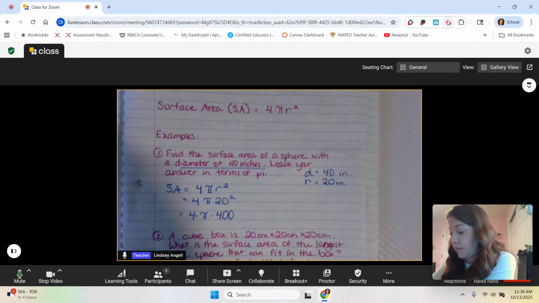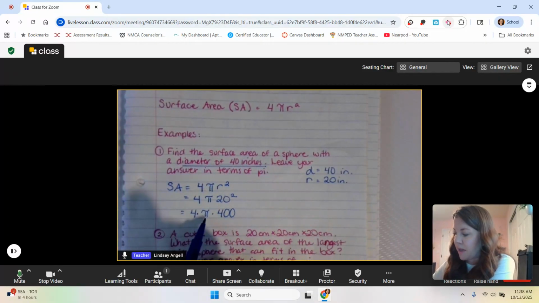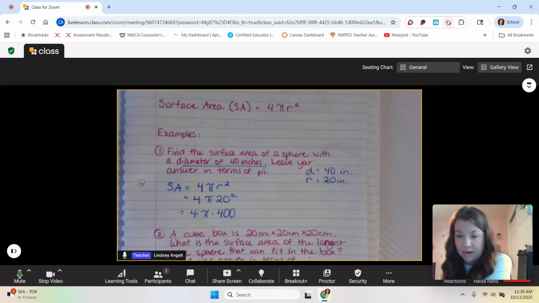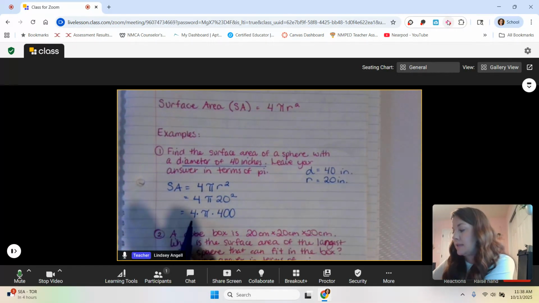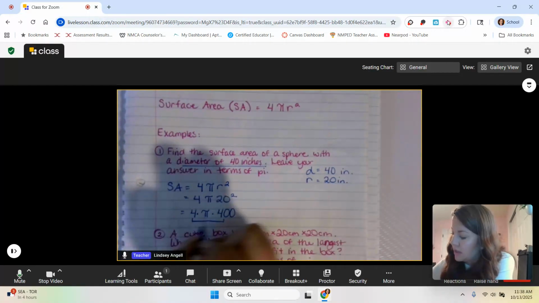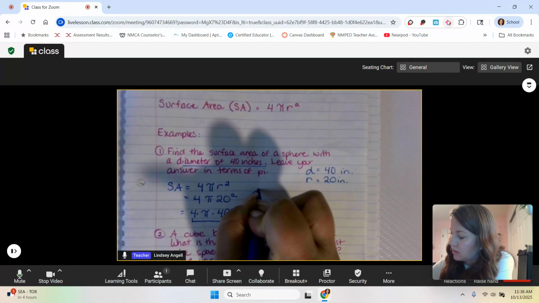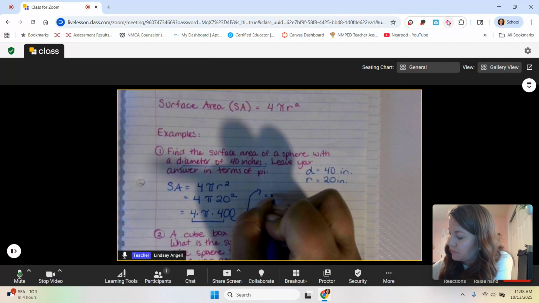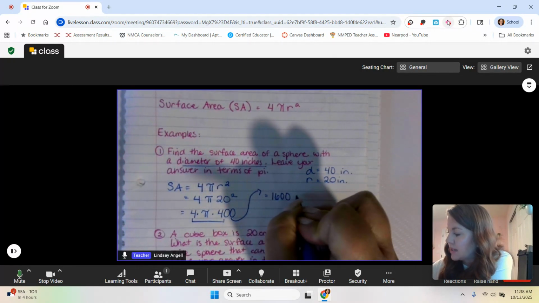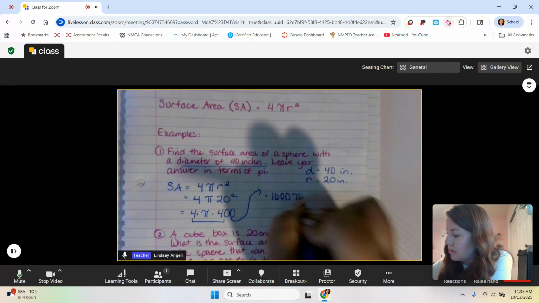I'm already going to run out of room. But right now I'm leaving pi alone. That's what this means, in terms of pi. I'm just leaving pi in there, almost as if it's a variable. Next I can do 4 times 400, and that gives me 1,600 pi.